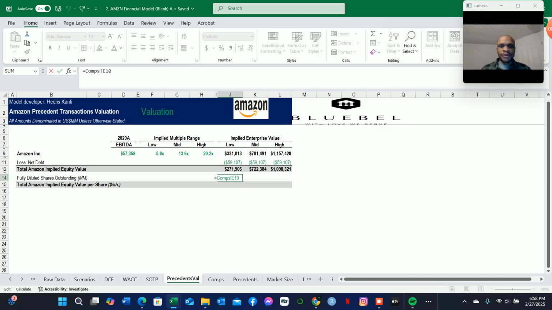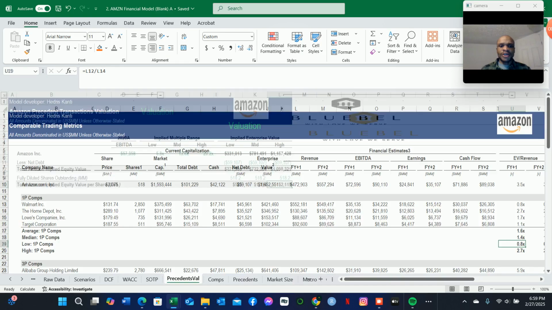Reference with F1s, to get the implied equity value on a per share basis. We take that and we divide it by the fully diluted shares outstanding. You can fill this right with Control R. So as you can see, determining this valuation measure for Amazon is pretty much easy.